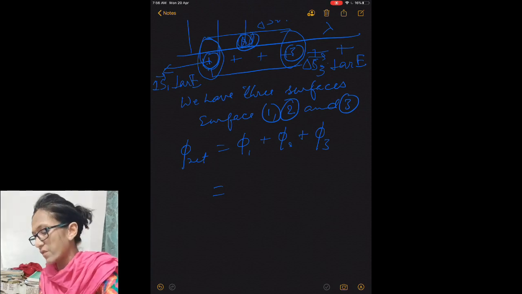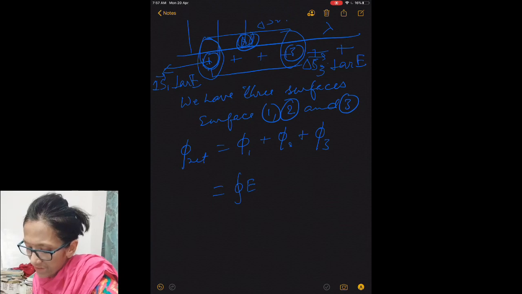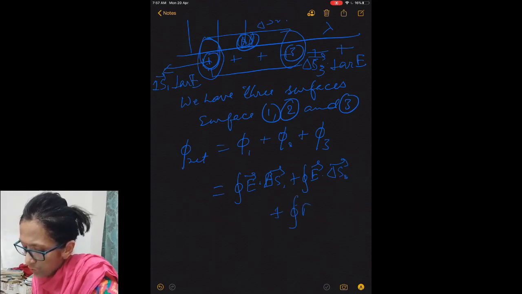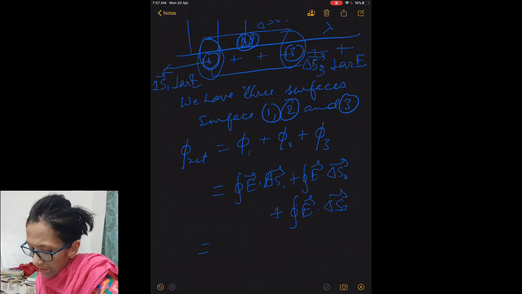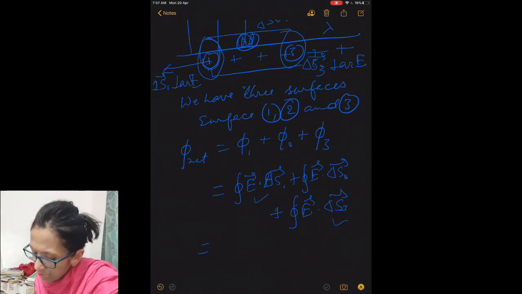So let us write flux due to all these three different surfaces. As we have three surfaces, we add flux of all the three surfaces. So it is equal to surface integral of E dot del S1 plus surface integral of E dot del S2 plus surface integral of E dot del S3. And as we know that cos 90 is equal to 0, so this becomes 0 and this becomes 0.